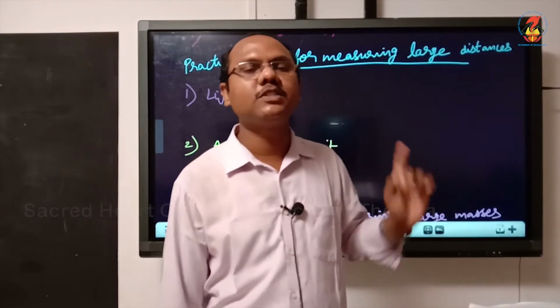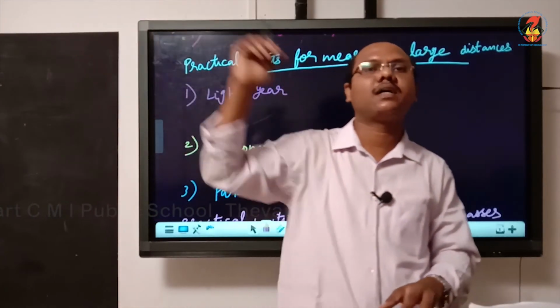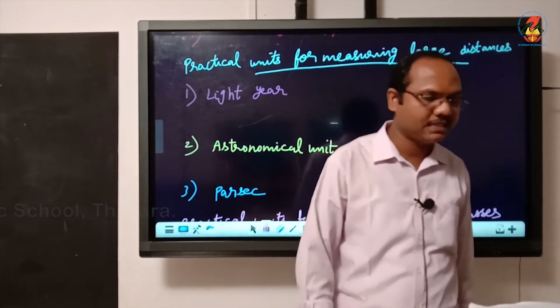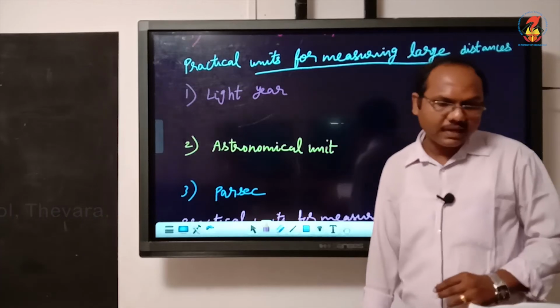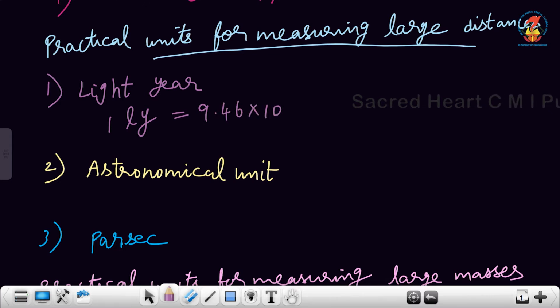We use this measurement for finding the distance between Earth and any faraway star, or the distance between two stars is measured in light years. So we can write like this: 1 light year, Ly, is equal to 9.46 into 10 raised to 15 meter.